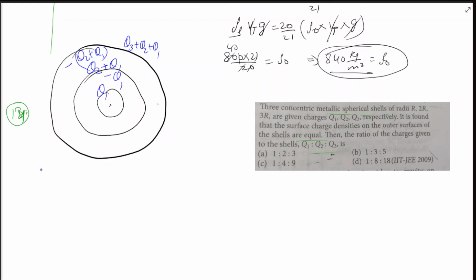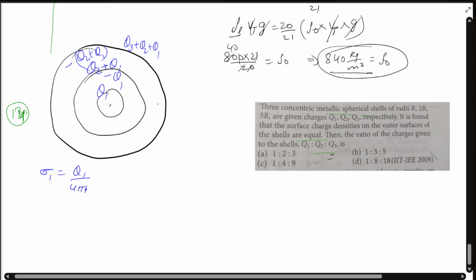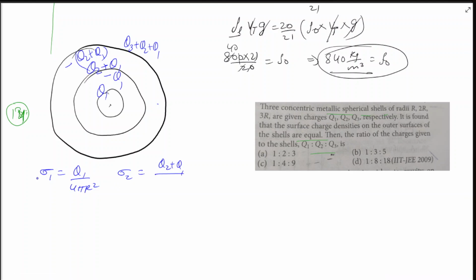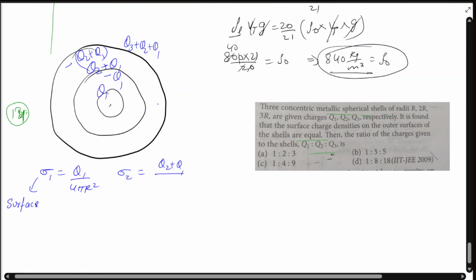Now let's find the sigma. Sigma of all three are equal, right? So sigma of 1 will be Q1 upon 4 pi r square. Sigma of 2 will be Q2 plus Q1, we are taking surface charge density for the outer surface. So let me mention it: it is the surface charge density of outer surfaces.